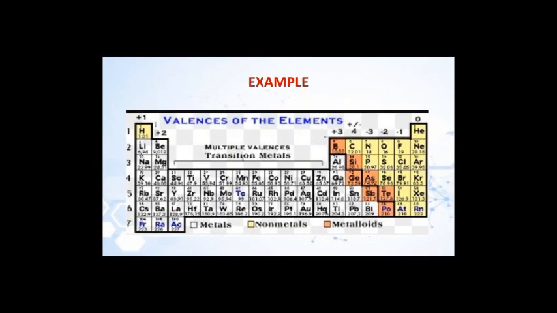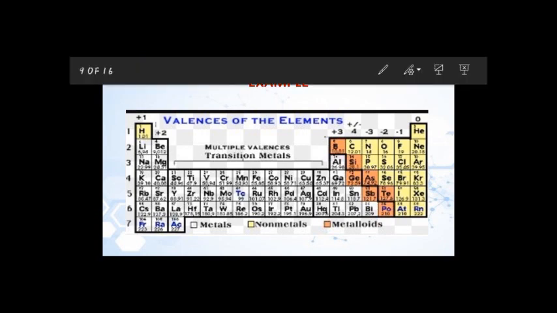In this example, you can see the periodic table, in which the valencies are written at the top of the groups after losing or sharing electrons. For example, in group number 1, all these elements have 1 electron in their outermost shell. So it is more feasible for these elements to lose that 1 electron and reach the valency of +1.